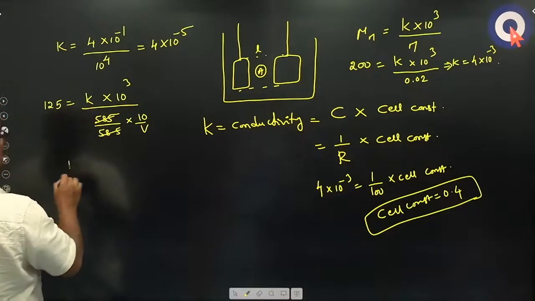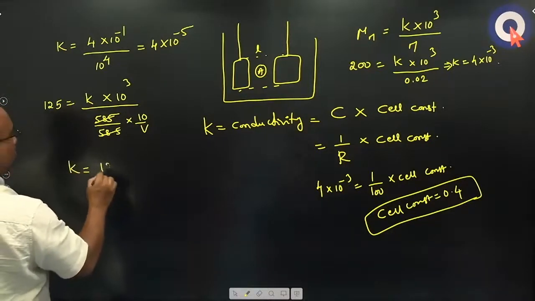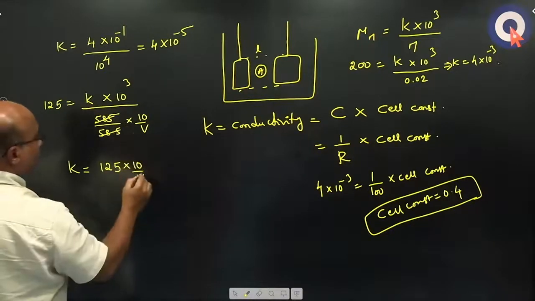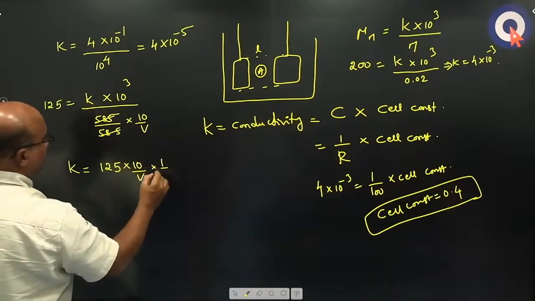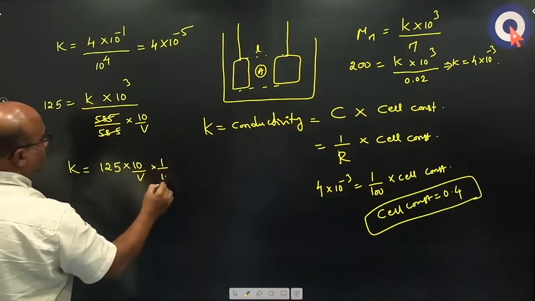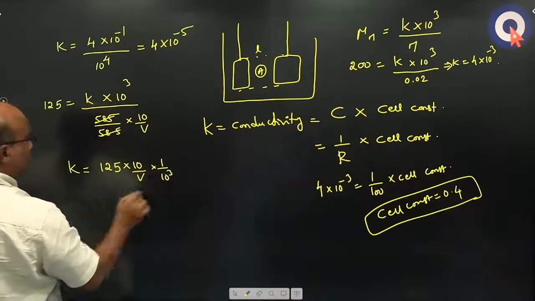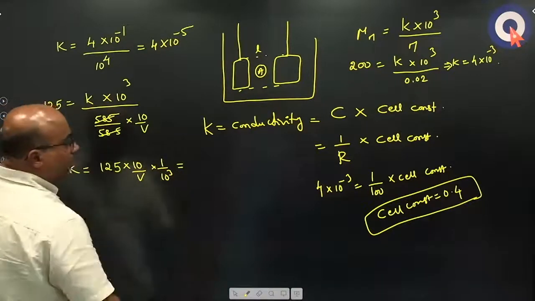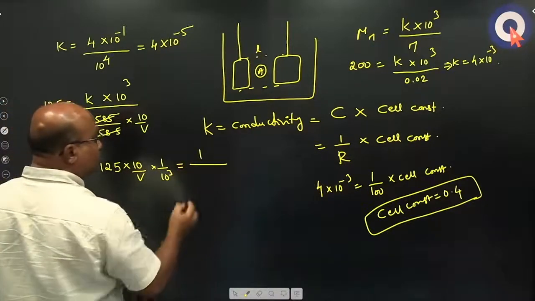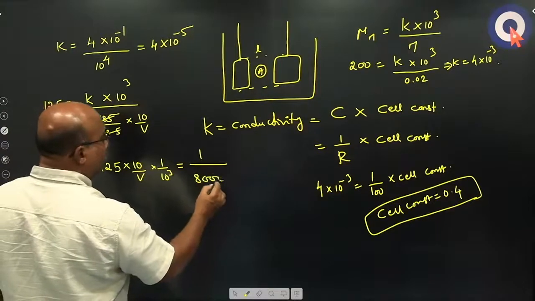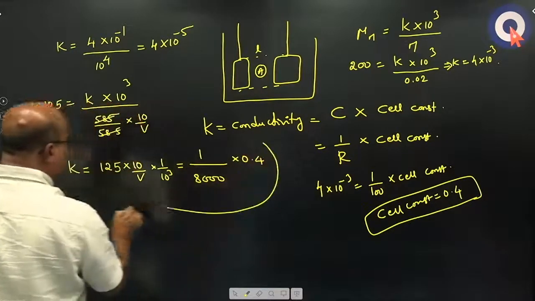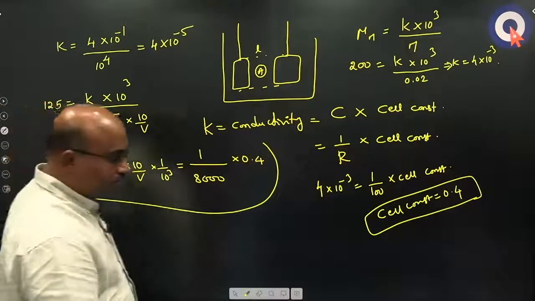So what will kappa be? It is 125 into 10 by V, by 10 to the power of minus 3, or 10 to the power of 1 by 10 to the power of 3. So overall, what is this kappa? It is 1 by the resistance of NaCl solution, that is 8000, into the cell constant, 0.4. So from here you will get the volume. Clear?